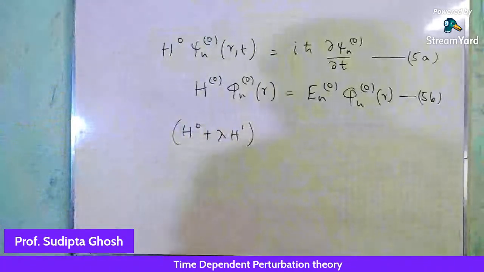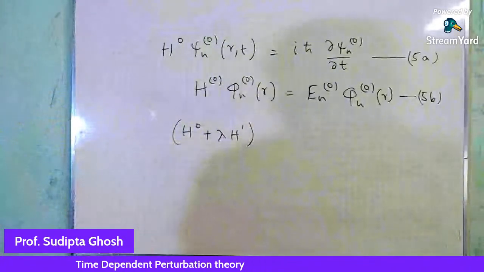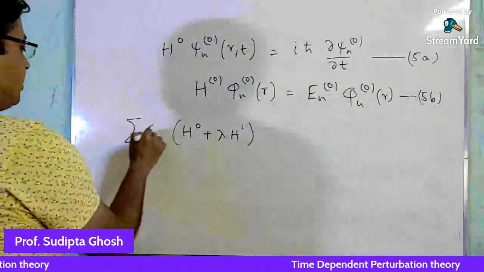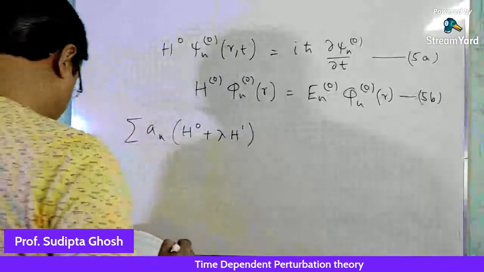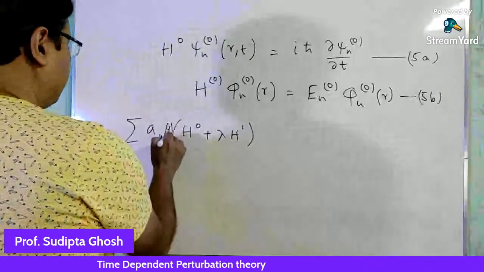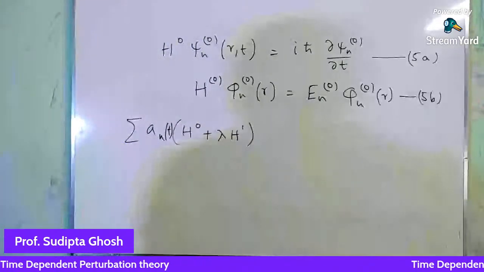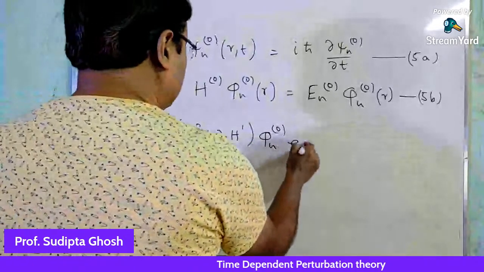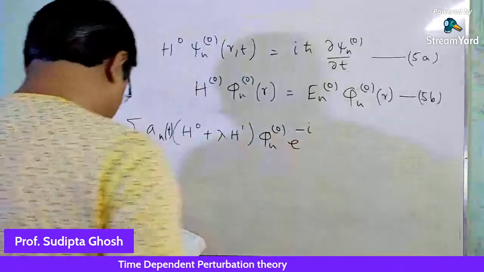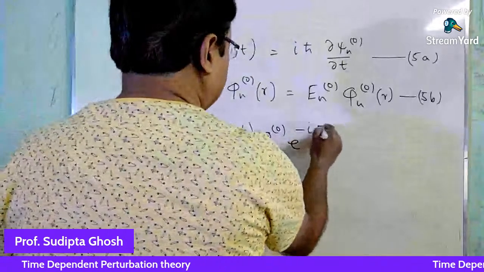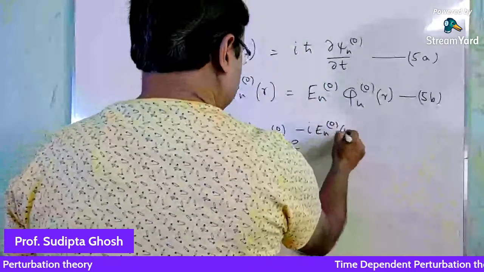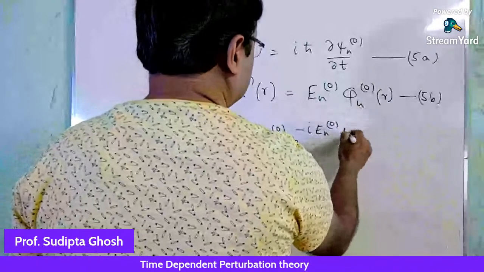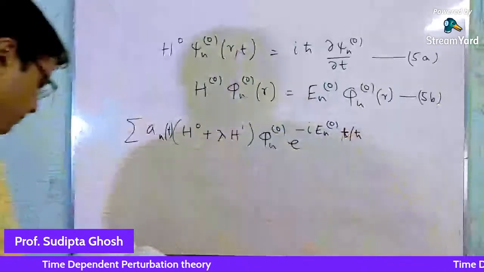So substituting psi of r, t from equation 3, that is the summation of a n of t, a function of time, times phi n0 e to the power minus i en0 t by h cut.